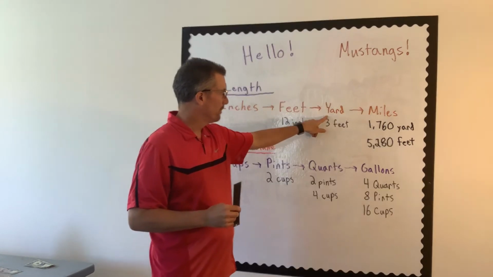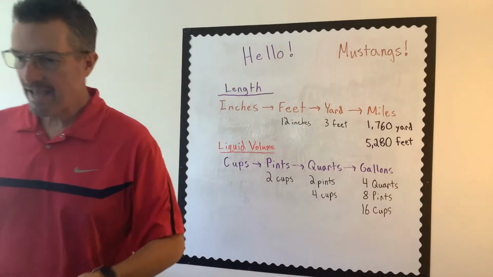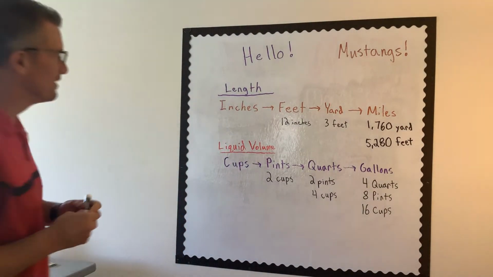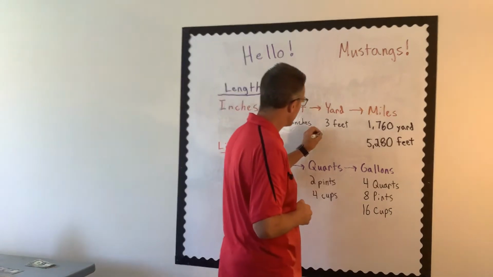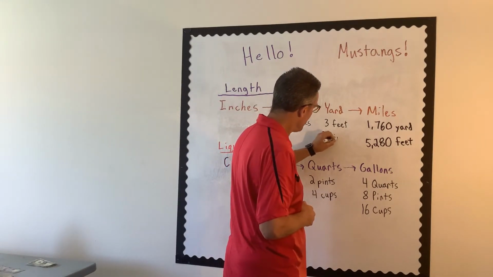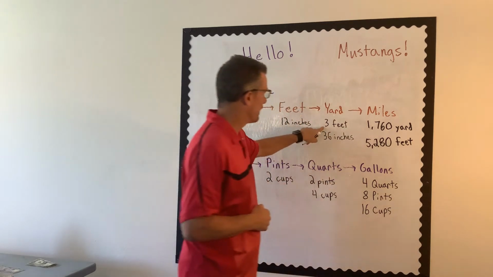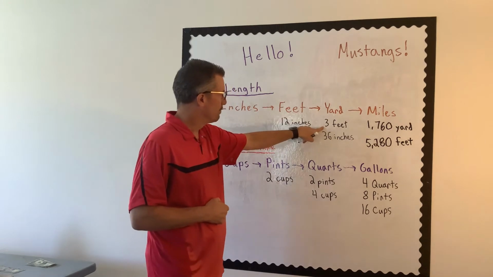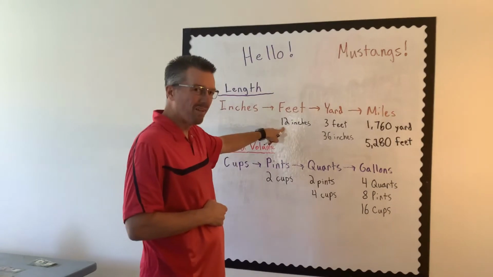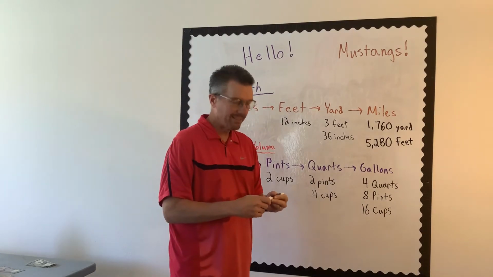A yard is 3 feet, and I should add that a yard is also 36 inches, right? How did I know that? Because it's 3 feet, so I converted my 3 feet, and there are 12 inches in each foot, so that's 36 inches.